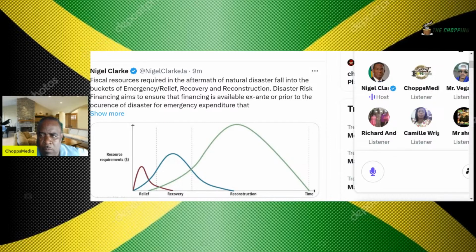You're having to do all of those things in the aftermath of an event that is St. Elizabeth scale. I suggest to you that is not what ideally you're going to want to do in the advent of a storm. In the advent of a storm, you're going to want to just be able to access resources.